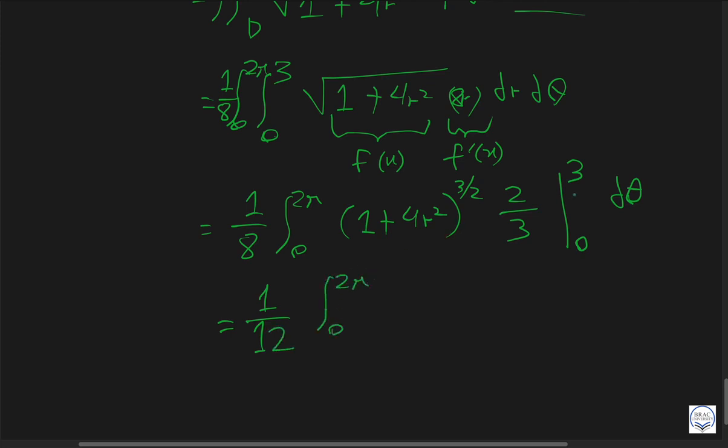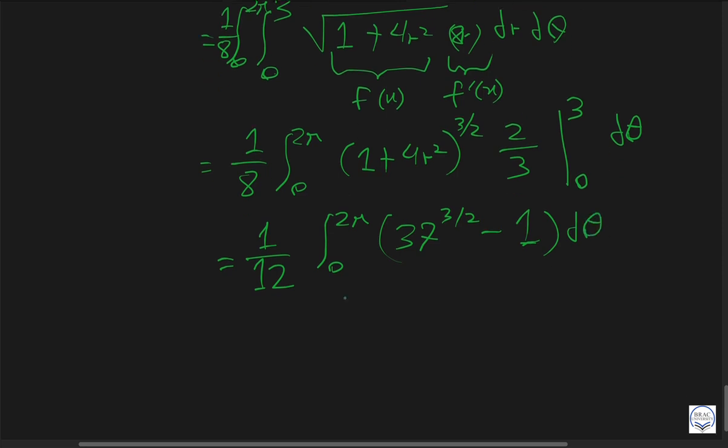From 0 to 2 pi. And this is 1 plus 4 into 3 squared, which is 9, 9 into 4 is 36, 36 plus 1 is 37, so 37 to the power 3 over 2. If I substitute in 0, you just get 1, that means minus, because it's the lower limit, and 1 to the power 3 by 2 is just 1, so you get minus 1 here, d theta.